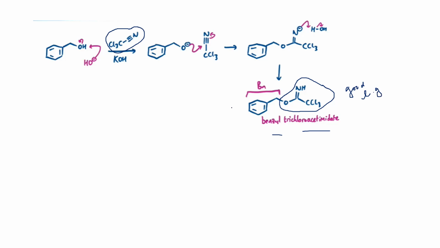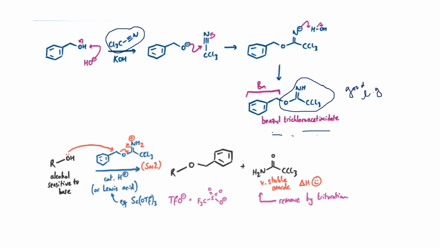Now if you react this one with the alcohol, what will happen? This alcohol will attack this benzyl position, and this part will be eliminated, and we will get our benzylated product. Another advantage of using this trichloroacetamide is the byproduct which we get. This is a quite stable amide, and it crystallizes easily.